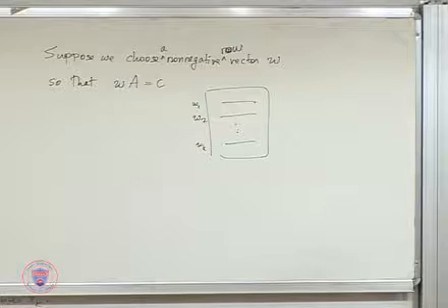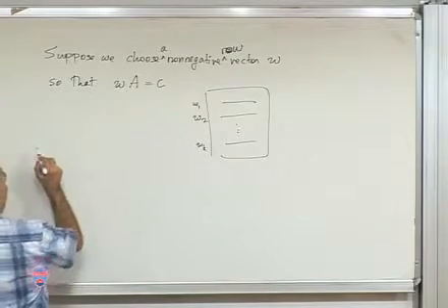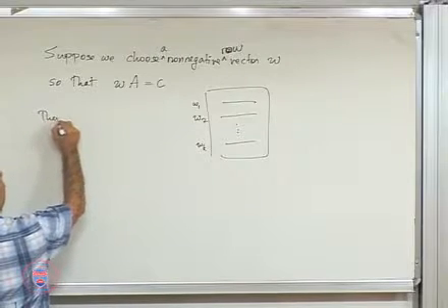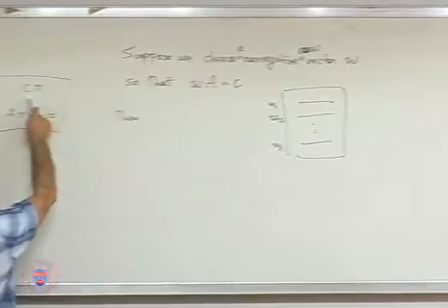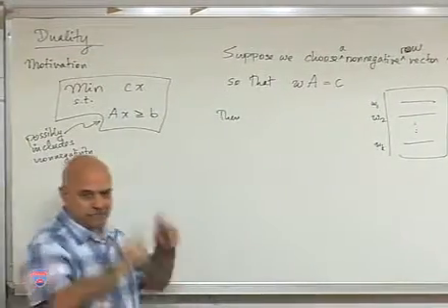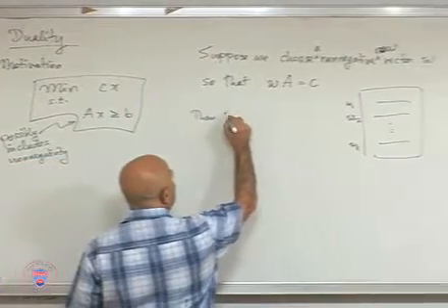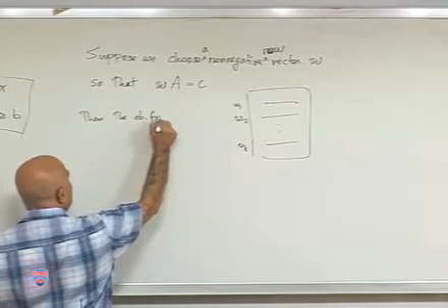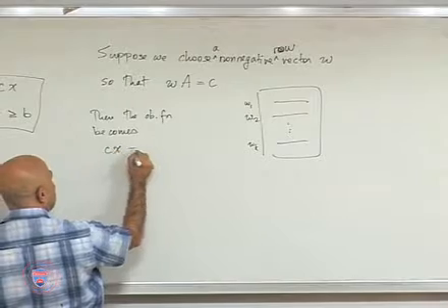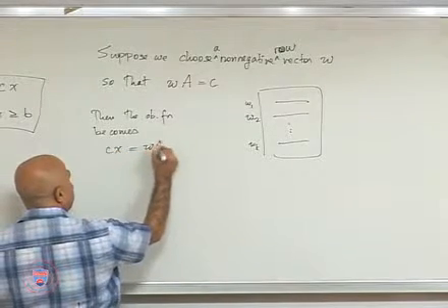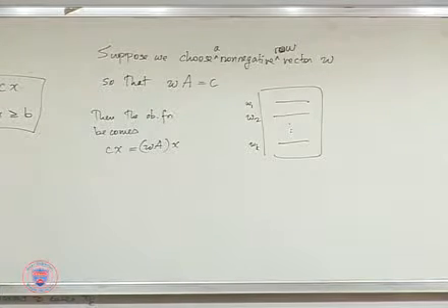Okay? Then we may use, in place of C, WA in the objective function. So Cx becomes WA times X, because I expressed my C in terms of the rows of A.